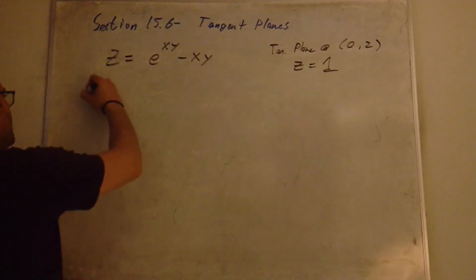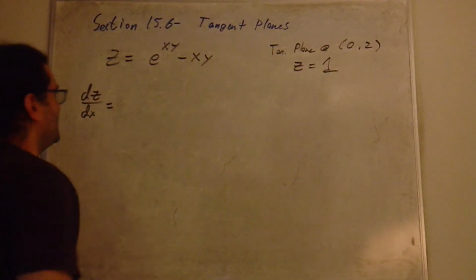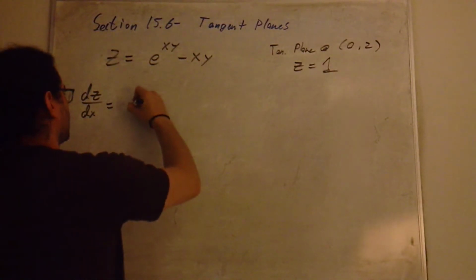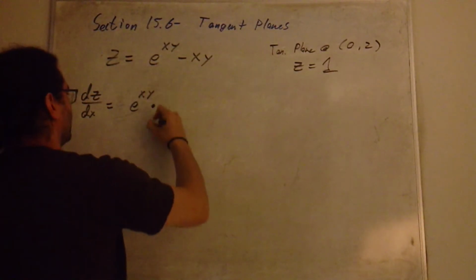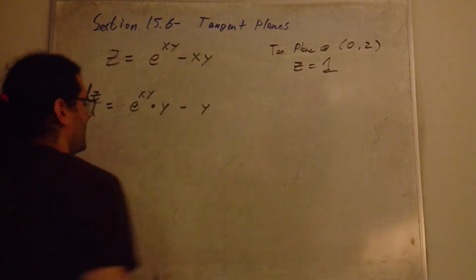Now I need some derivatives. dz/dx should be derivative of e to the something is e to the something times the derivative of the inside. So this is e to the xy times y minus y.